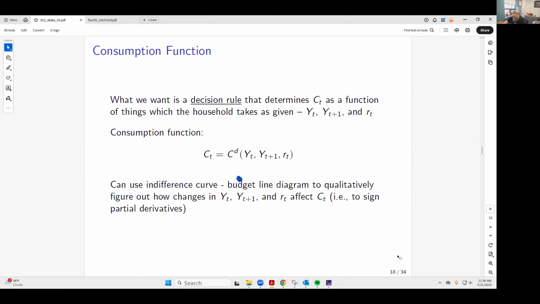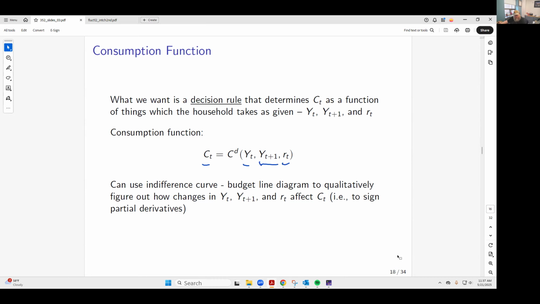Okay, so let me go here. The idea here is that the utility maximization process produces a consumption function. So we can see that consumption in the current time period, C_t, is a function of the current income, future income, and the interest rate.